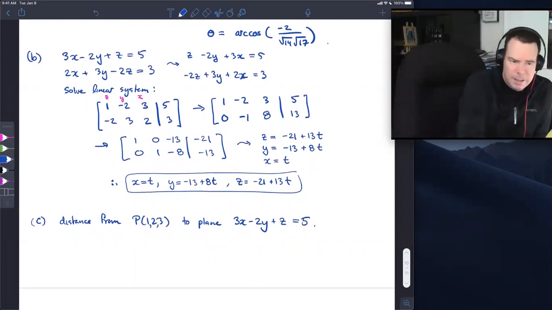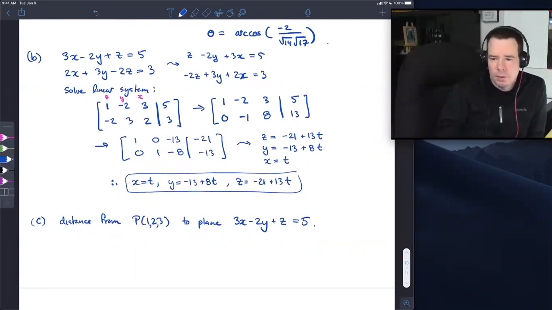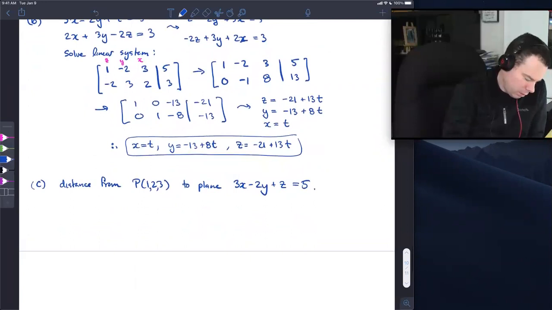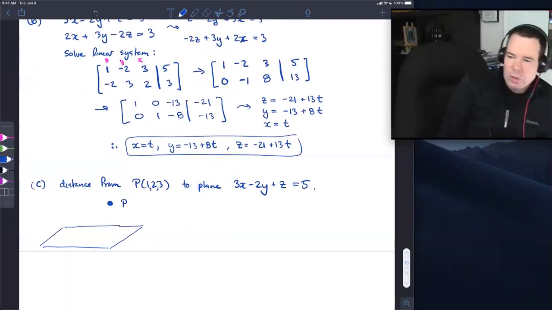This is going to be the same idea that we used when we found the distance from a point to a line. So what I'll do is I'll just jot down a picture. We can maybe think about how we're going to get this distance. So I've got a plane and I've got a point that's not on the plane. How do I know the point's not on the plane?